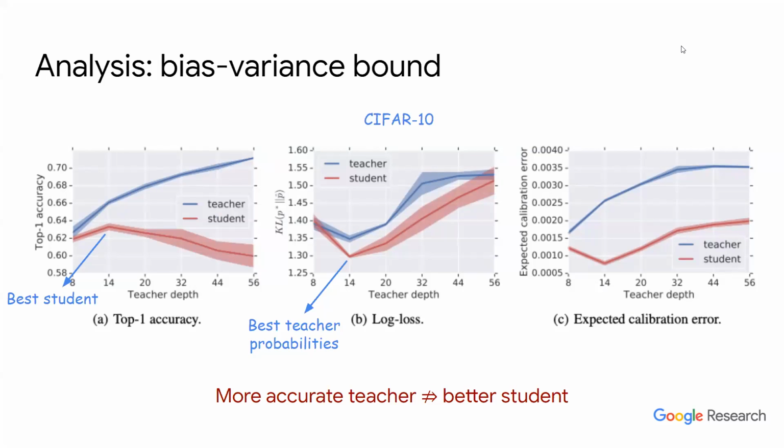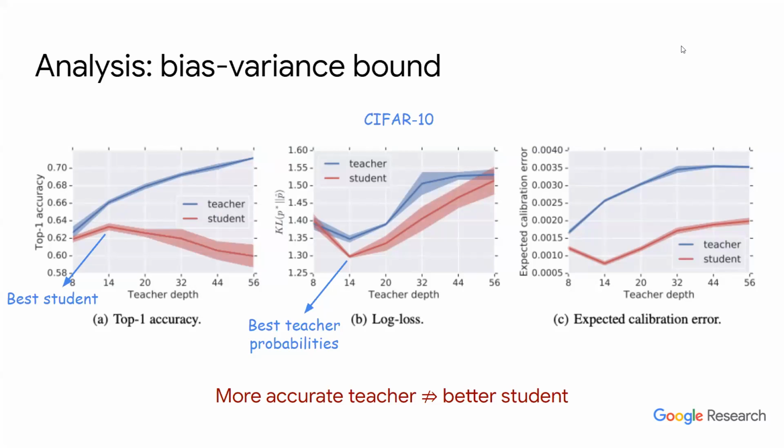Usually CIFAR-10 uses a ResNet architecture, so you can keep stacking ResNet blocks, usually 56 or something like that. We varied from 8 to 56, and when you have a higher depth, the accuracy just keeps growing.